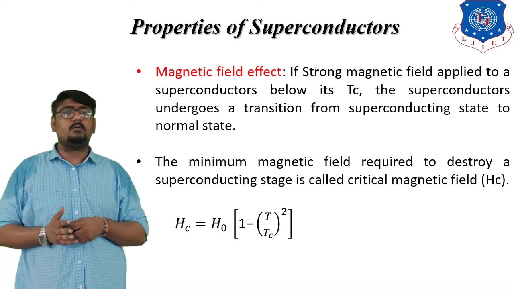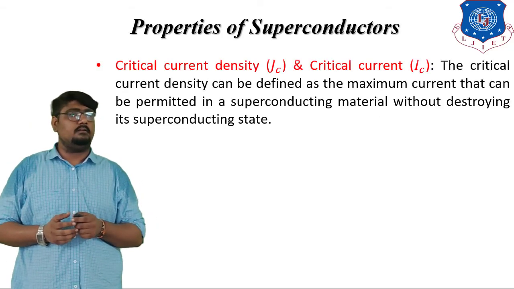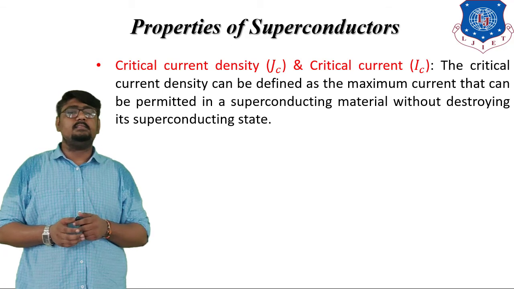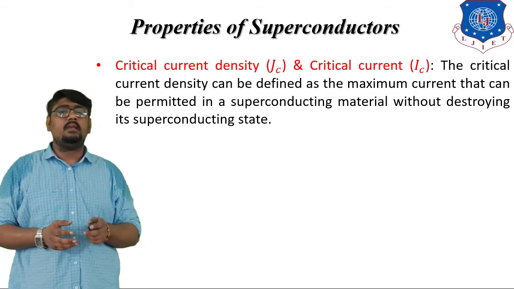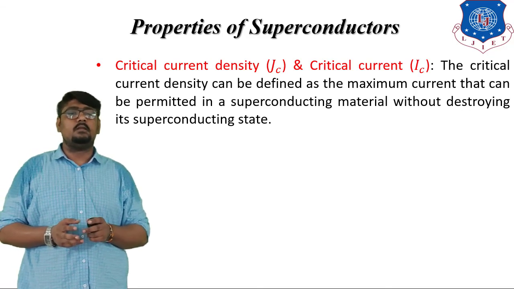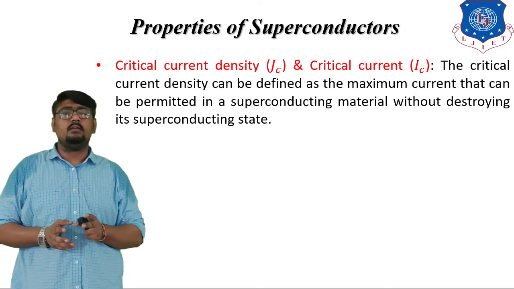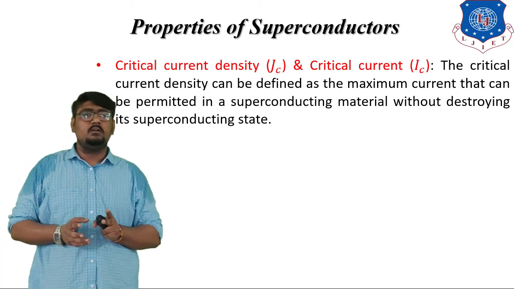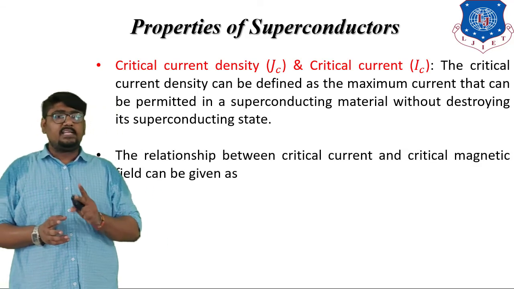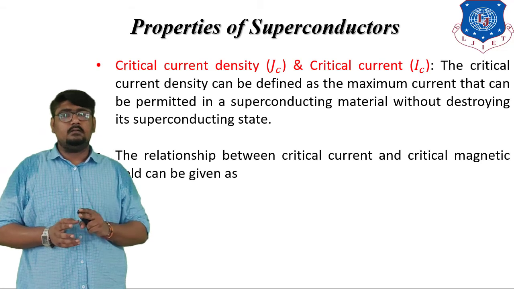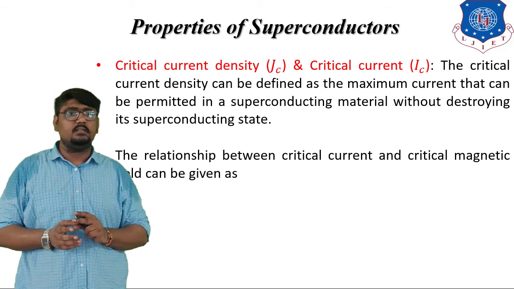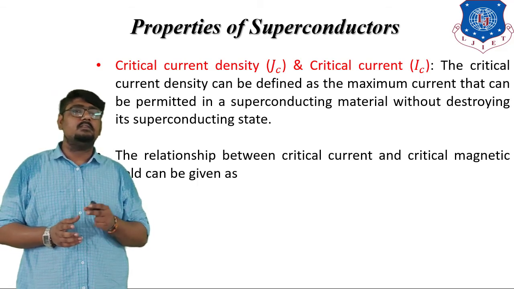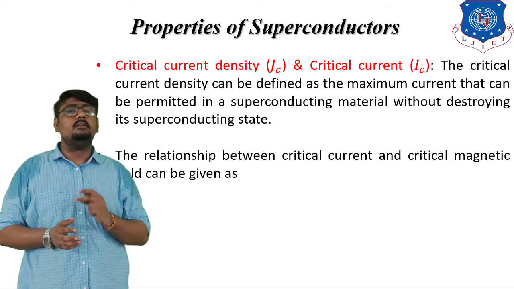Now the further property is critical current density and critical current. Critical current density can be defined as the maximum current that can be permitted in a superconducting material without destroying its superconducting state. That current is known as the critical current density.